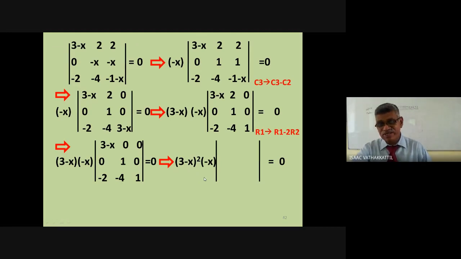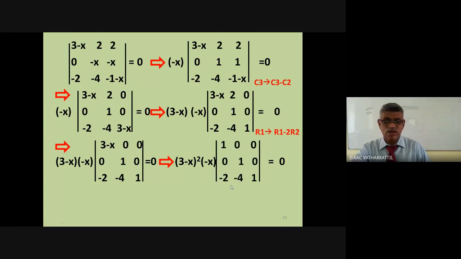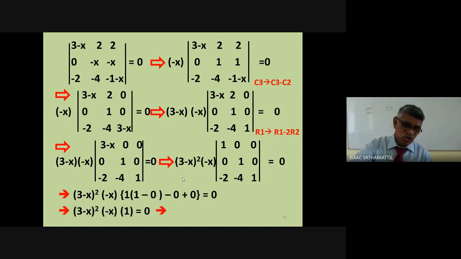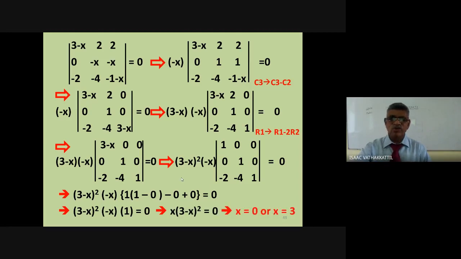What is inside the determinant is 1 0 0, 0 1 0, minus 2 minus 4 1. What is the value of the determinant? 1 into 1 minus 0, that is 1. So 3 minus 6 whole squared into minus 6 into 1 equal to 0. That means 3 minus 6 equal to 0 or x equal to 0, that is, x equal to 0 or x equal to 3.